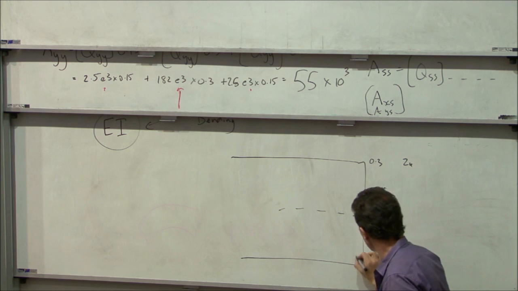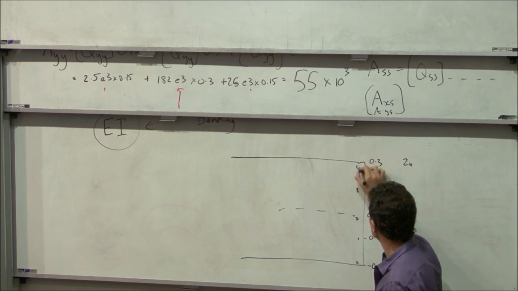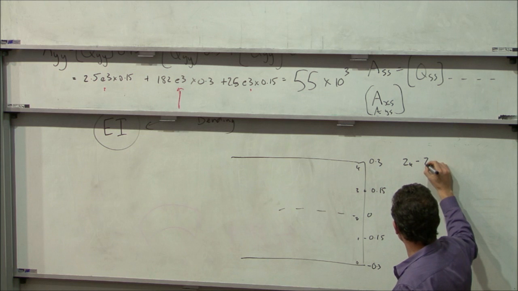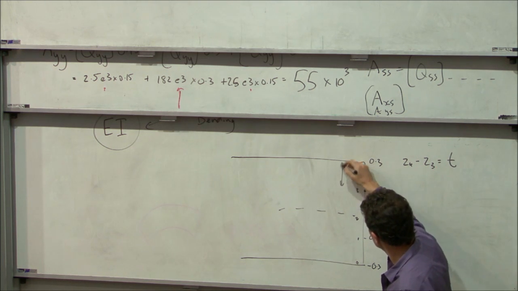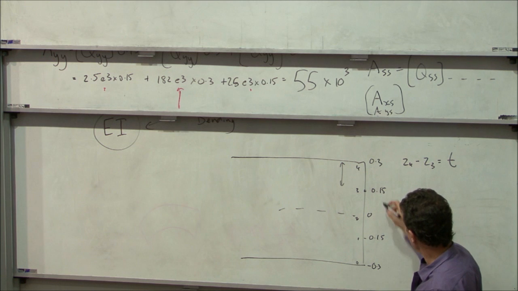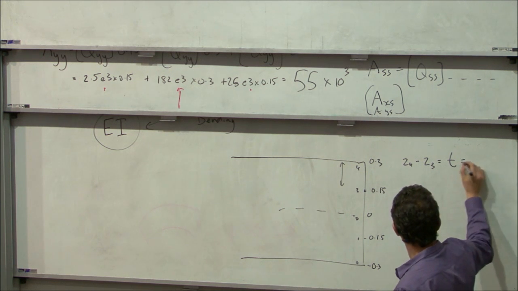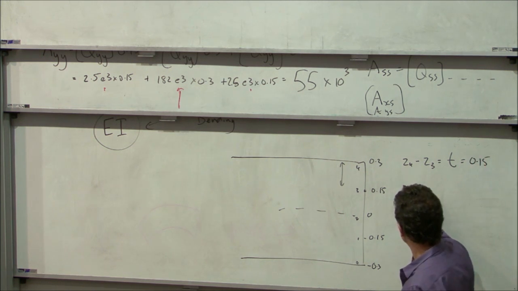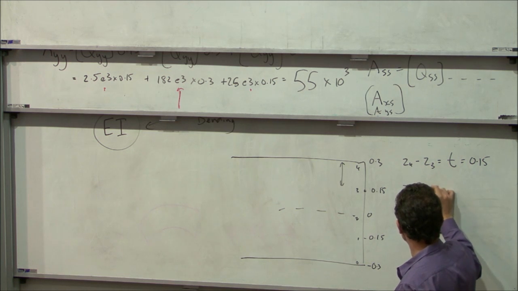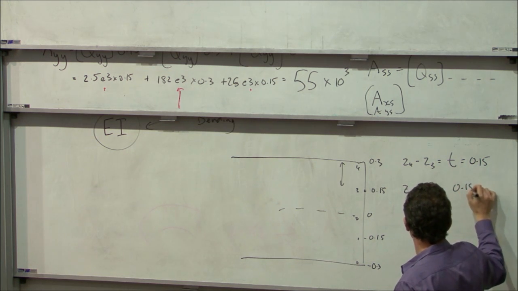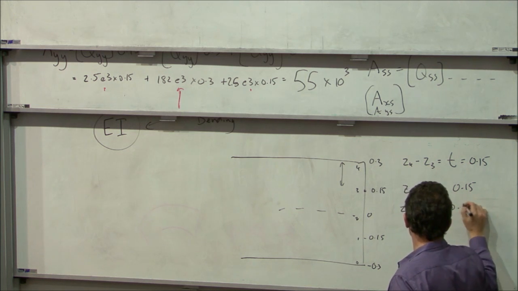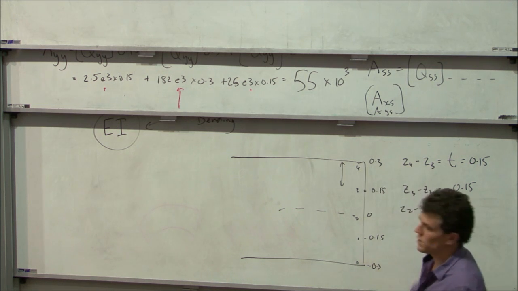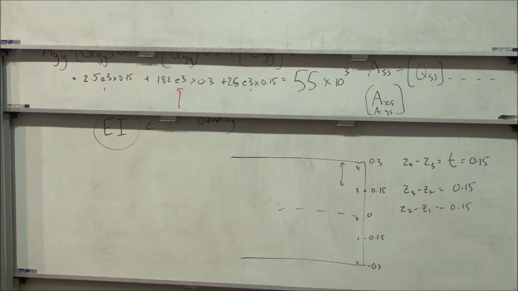So we've got 0, 1, 2, 3, 4. Z4 minus Z3 is just the thickness, okay. And it's the same: Z3 minus Z2 is also 0.15. Z2 minus Z1 is also 0.15. All the thicknesses of each ply are the same.